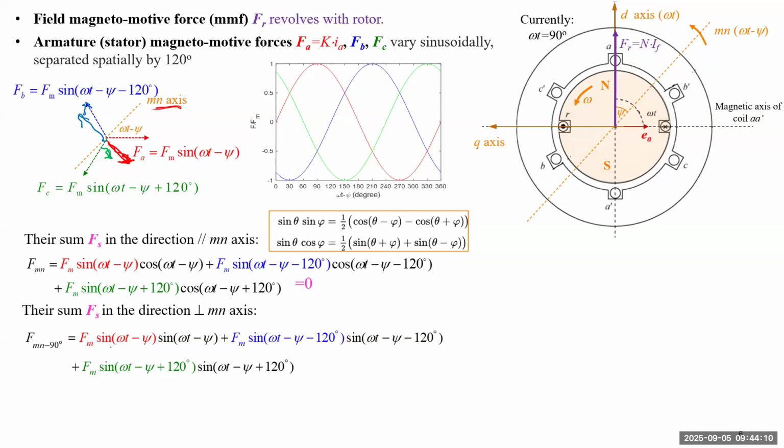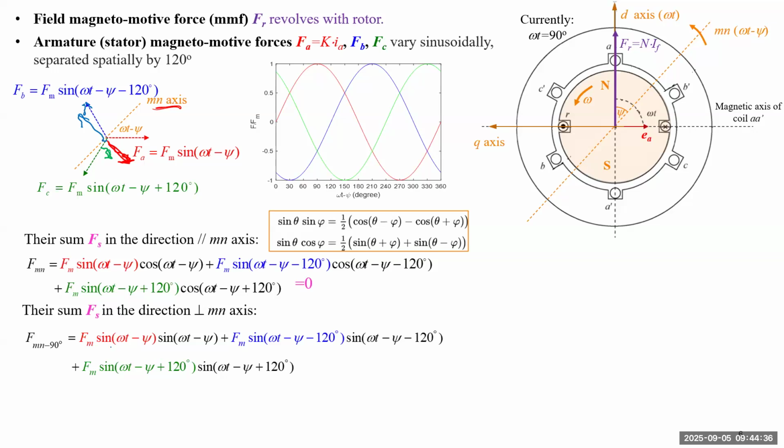For the second item, we have the sum of 2 angles, which will be double this angle, double this angle and double this angle. So 3 cosine functions with angles also split by 240 degrees, which is equivalent to being separated by 120 degrees. So the second item all cancels. We only have the first item, 3/2.